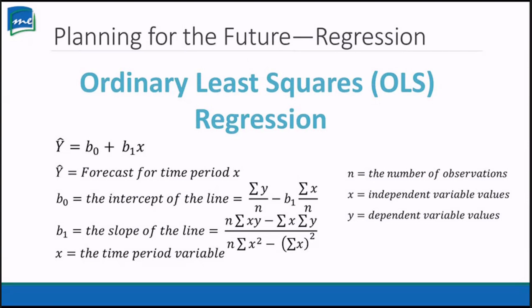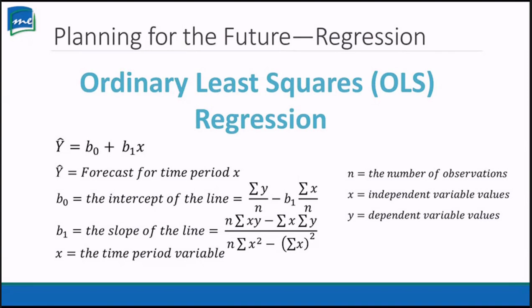The last technique in this topic is a simple form of regression we call ordinary least squares regression. In it, we propose a straight line that minimizes the sum of the squared differences between the actual values and the forecasted values.